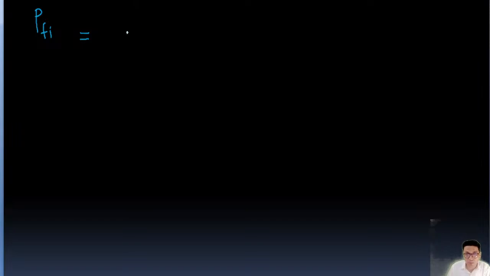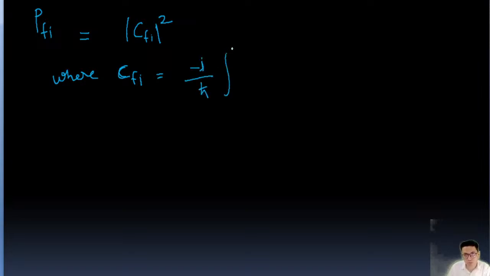So Pfi is mod of Cfi whole square, mod square of Cfi, and the Cfi value is minus i upon h cut, integration 0 to t, H dash fi, e to the power minus i omega fi t dash, dt dash. Very important formula.